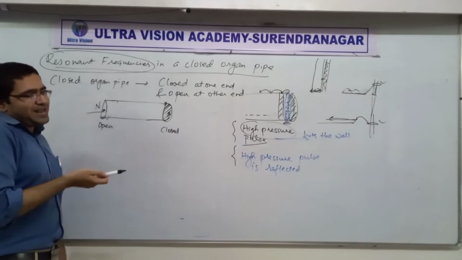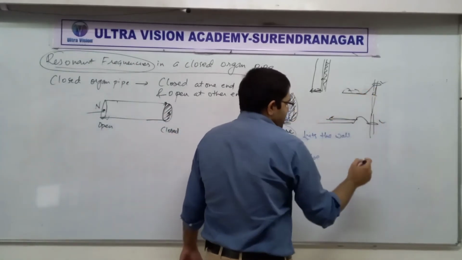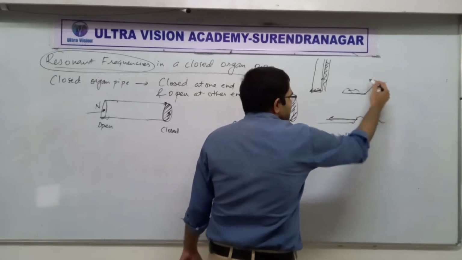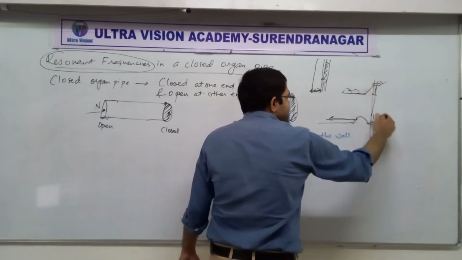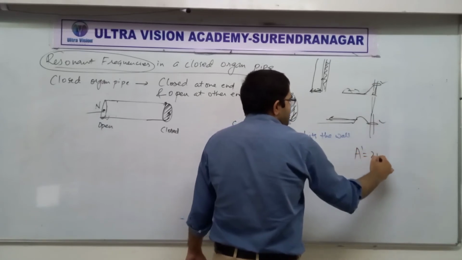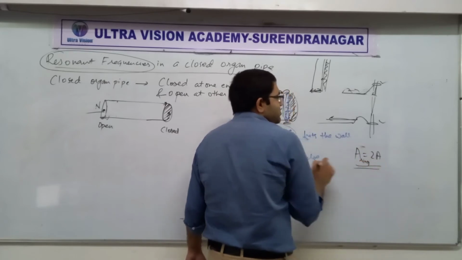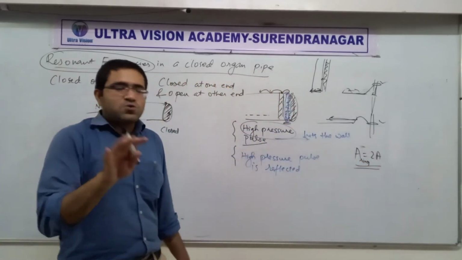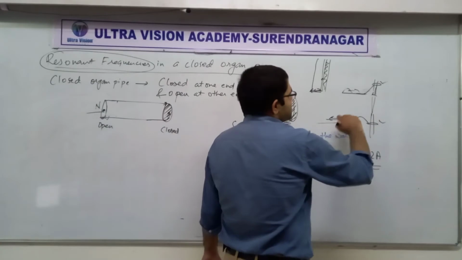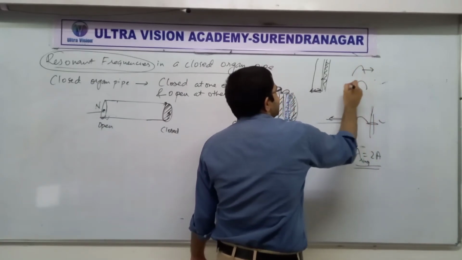Now, do you recollect what was the behavior of this ring? Do you remember that this ring would have two waves acting on it and its amplitude would be 2A? I told you that the amplitude of that ring would be 2A. Why? There are two waves over here: the incident wave like this and the reflected wave like this.